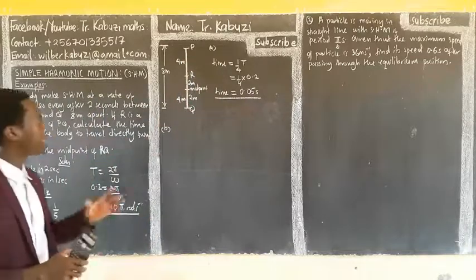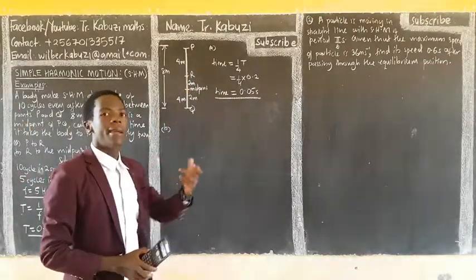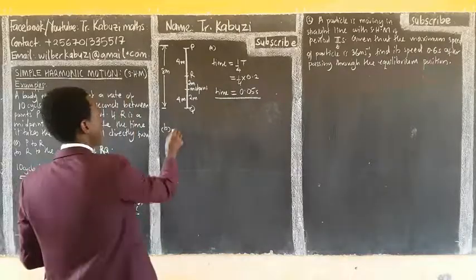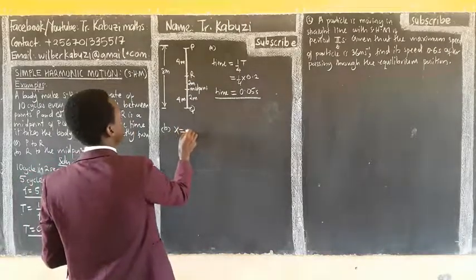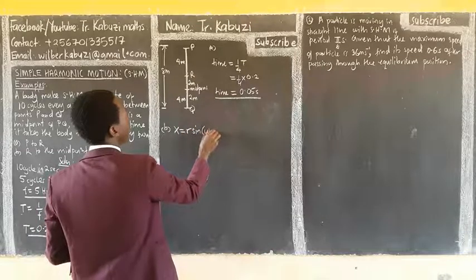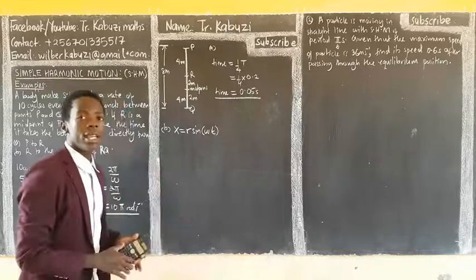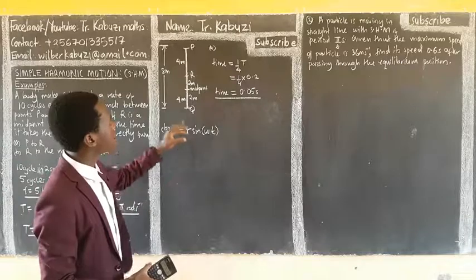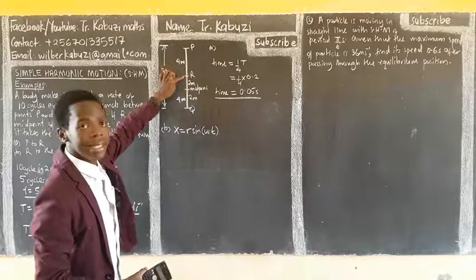If we are from the center, remember we are from the center always, now we use this function of sine. So from there we shall say our x is going to be R sine of omega t. Because the initial condition removes the phase constant, we use it when it's here.